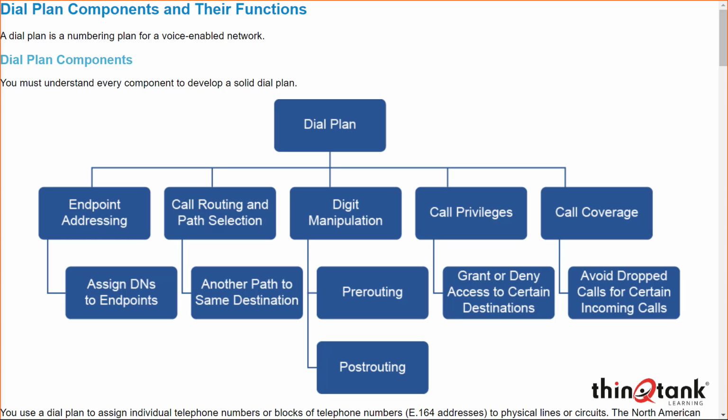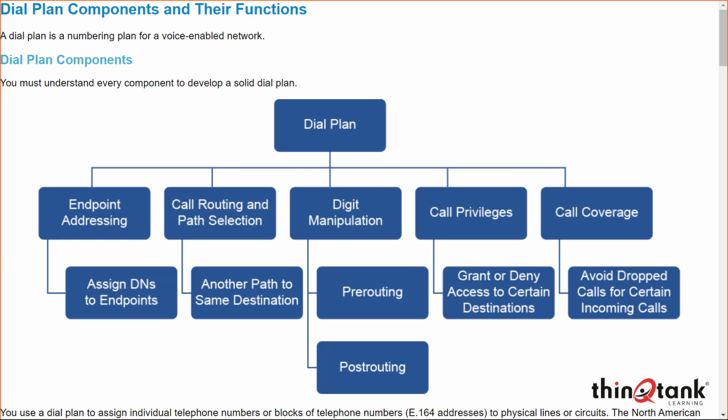We also talk about call coverage from the perspective of failure. If the branch, for example, loses connectivity to the headquarters location and the phones are now stuck on this little island, how do we handle the calls on those phones? Do those phones even have the ability to register?